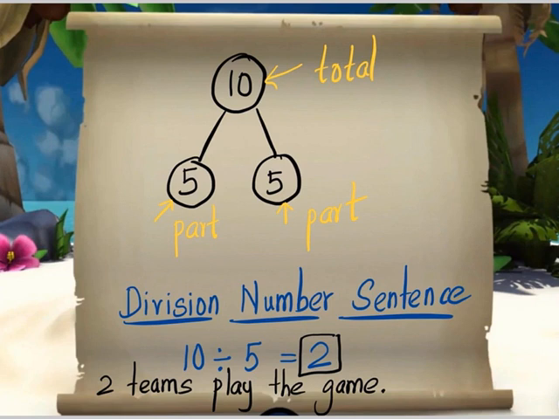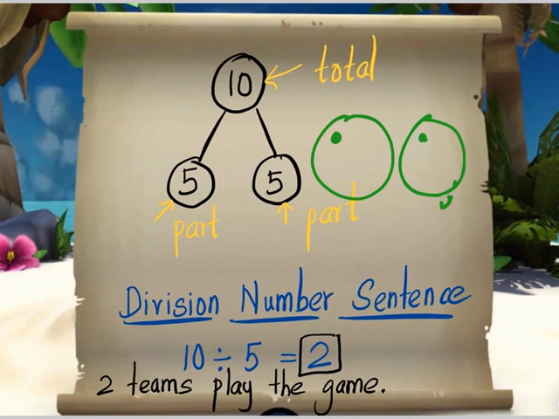How did I get 2 as an answer? I have divided the total 10 into 2 equal groups. Let me draw the 2 groups. So group 1 and group 2. I have drawn 2 groups and I have divided the 10.